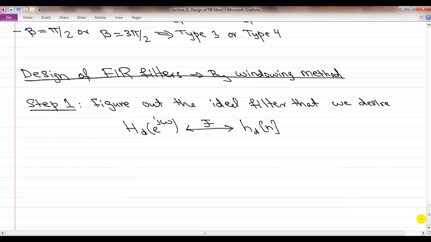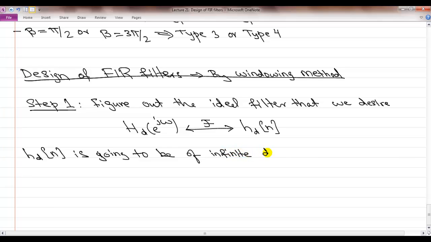Now, in pretty much all realistic applications, once you do this step, h_d[n] is going to be of infinite duration. So h_d[n] will be non-zero for n from minus infinity to infinity. The classical example is the ideal low-pass filter.